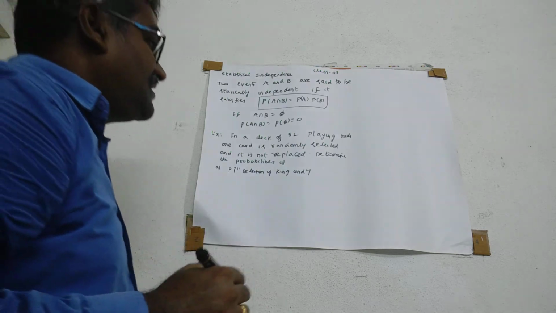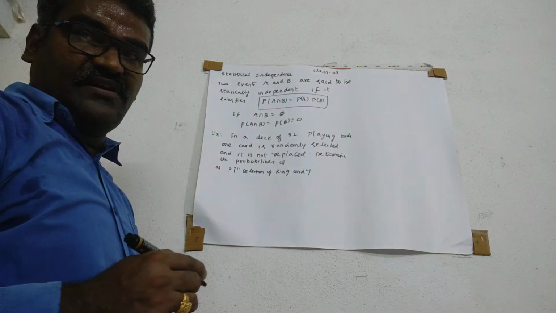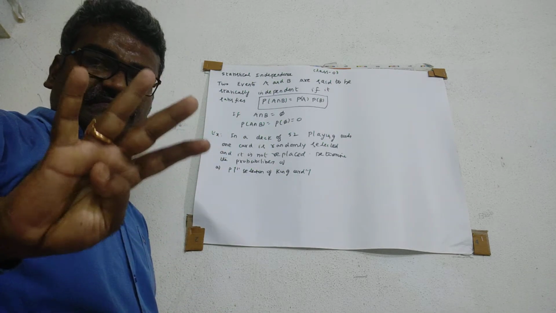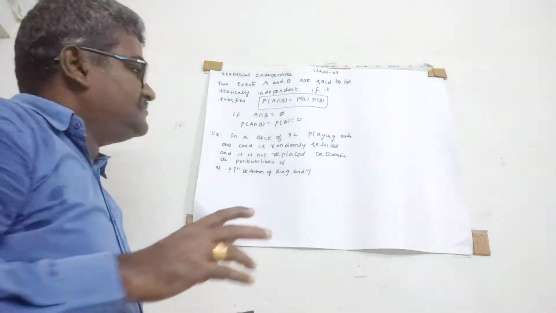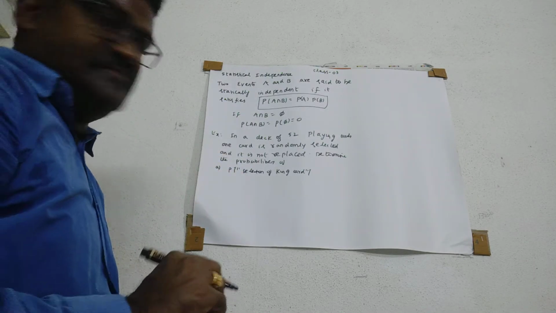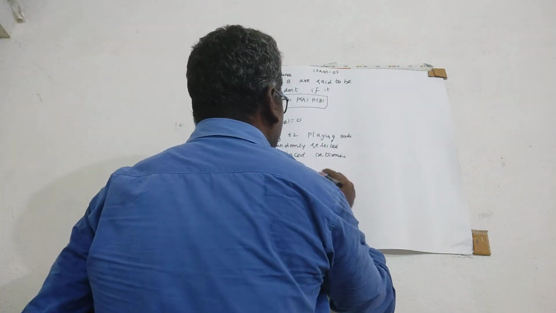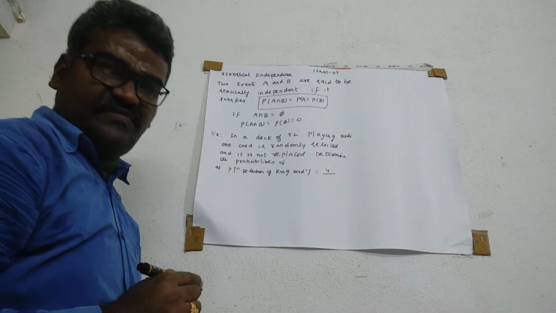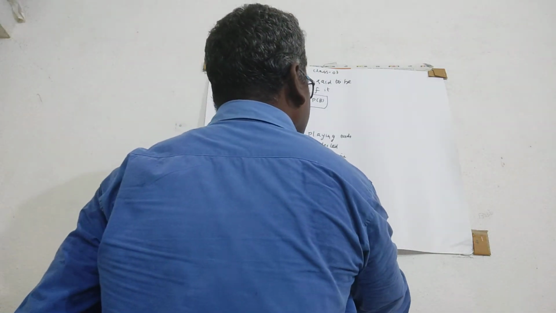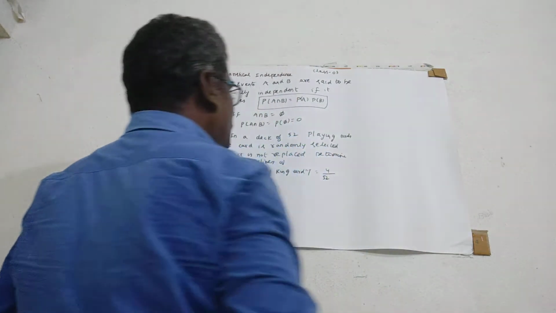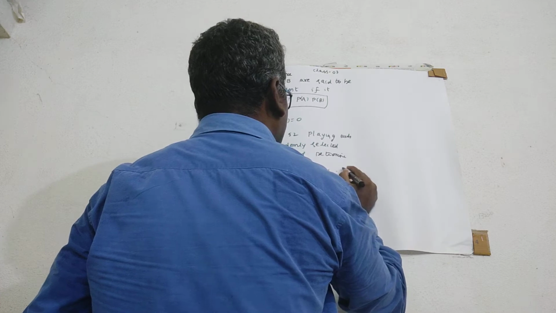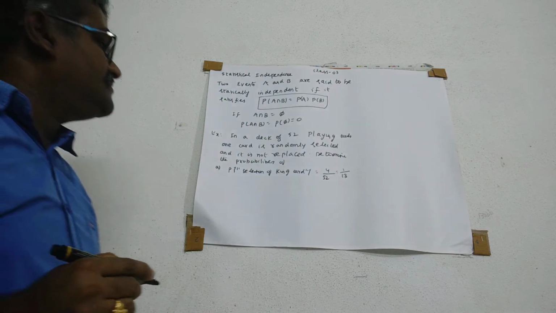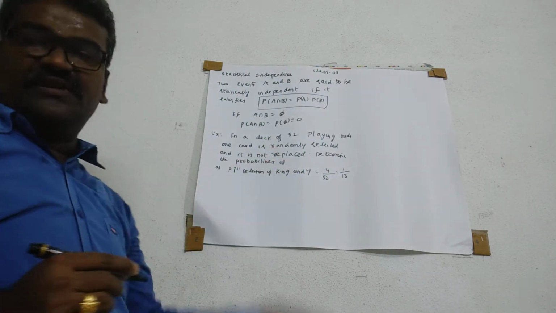What is the probability of selection of a king card? How many king cards do we have in a deck of 52 cards? We have four king cards distinctly. Hence, it is given by 4 by 52, the total number of possible cards. Hence, it is 4 by 52, which reduces to 1 by 13. That is the value of the probability of selection of a king card.